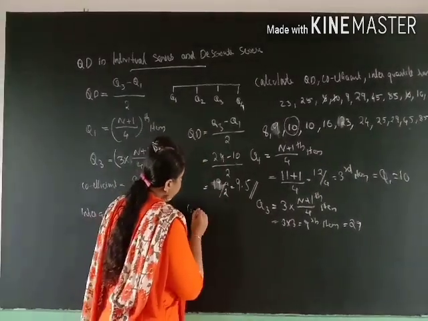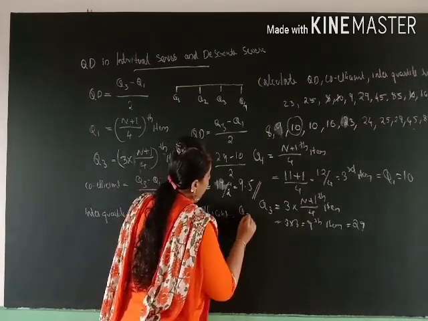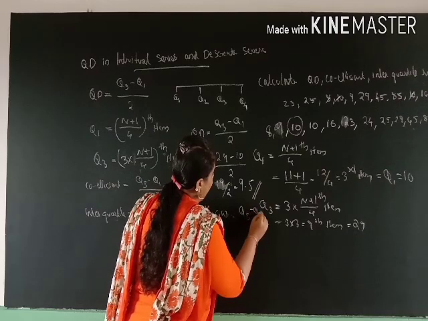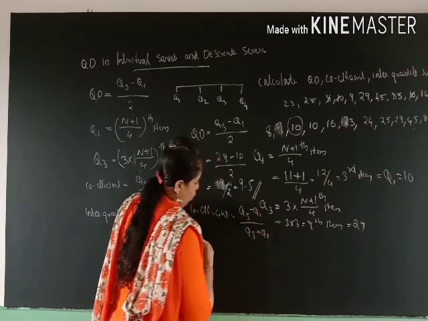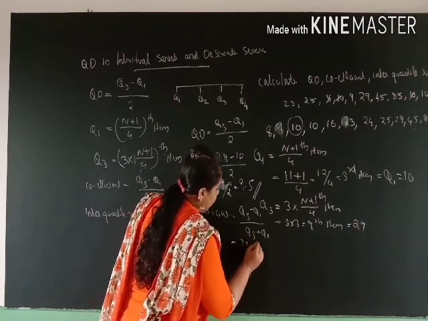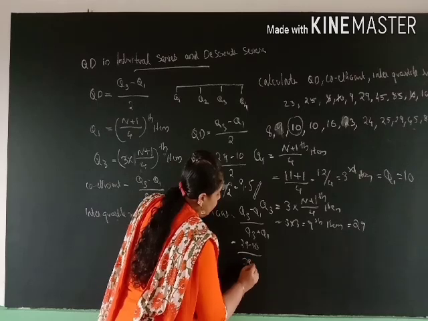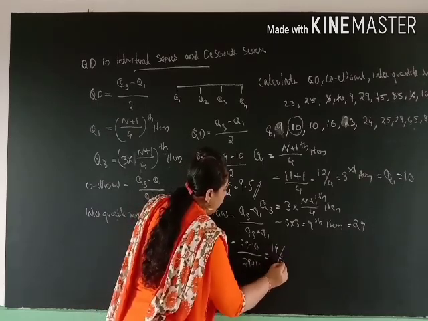Coefficient equals Q3 minus Q1 divided by Q3 plus Q1. Q3 minus Q1, 29 minus 10, divided by 29 plus 10. That is 19 divided by 39.